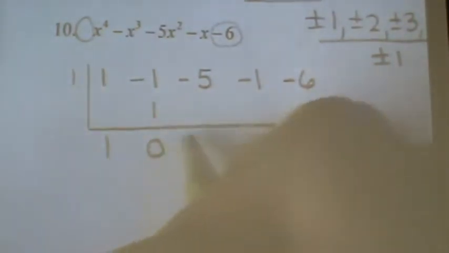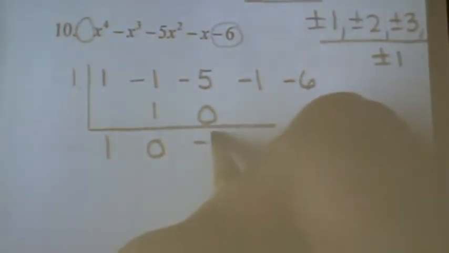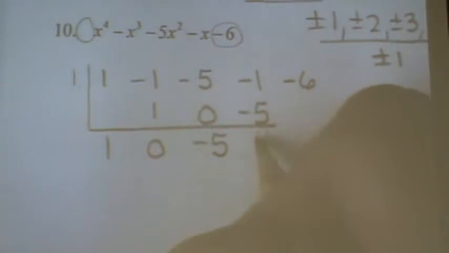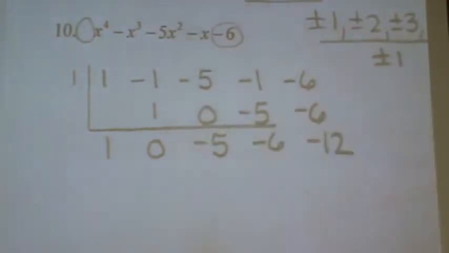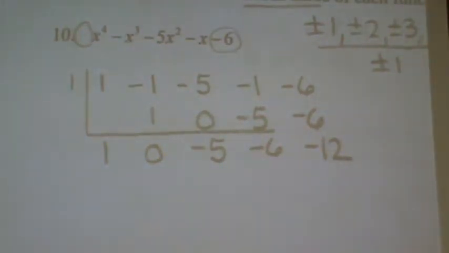You bring down the 1. 1 times 1 is 1, add. 1 times 0, add. And what do you get? No. For a second I thought, did it work? It did not.